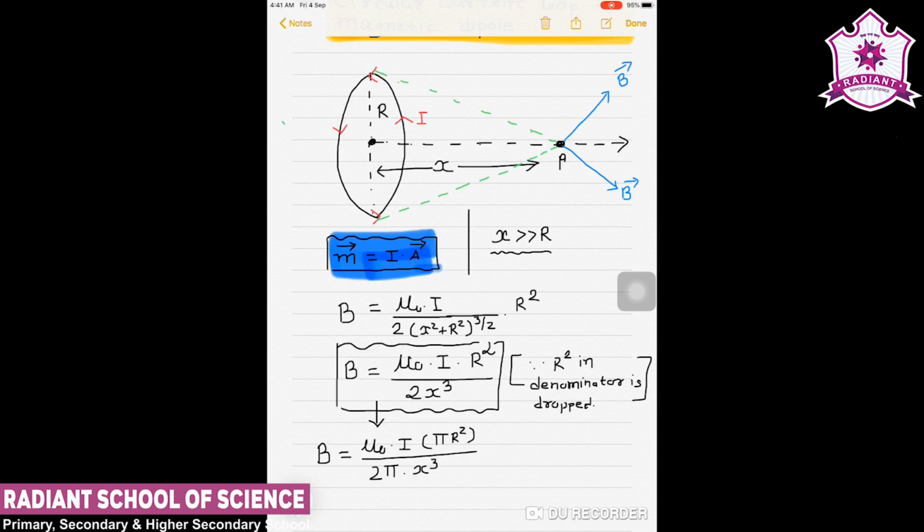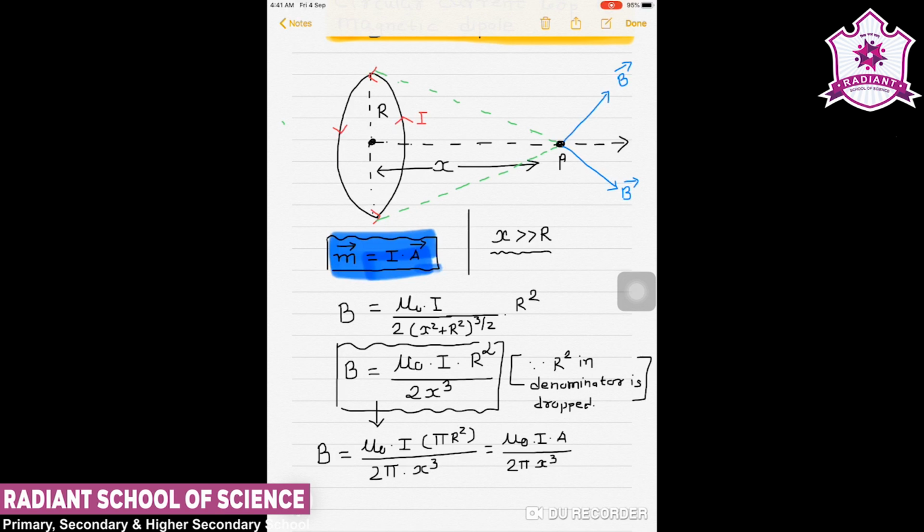In this equation we can convert it like mu 0 into I into A, because pi r square is area, upon 2 pi x cube.